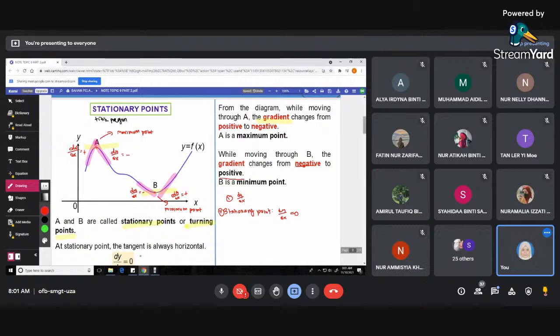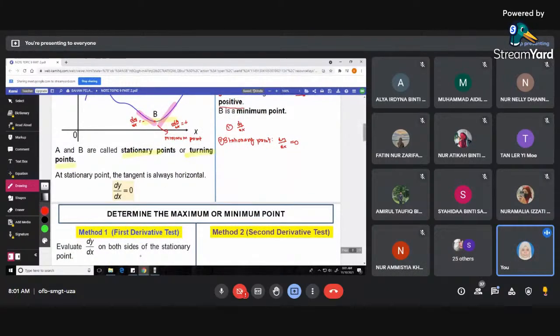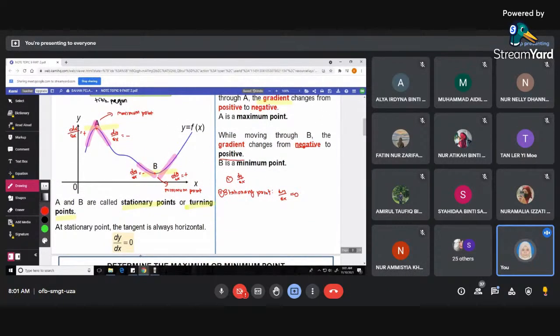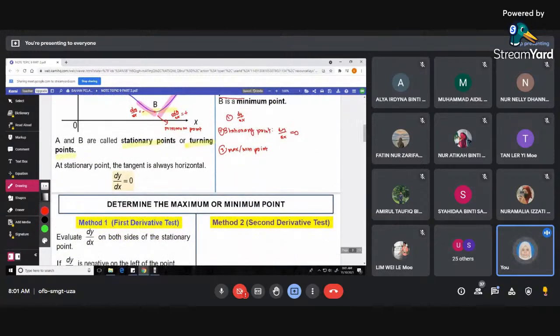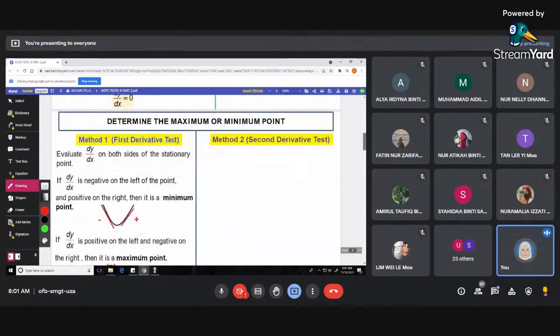Okay, so today we want to find maximum or minimum point. Before you find the maximum minimum point, we introduce you how many methods to find the maximum or minimum point.